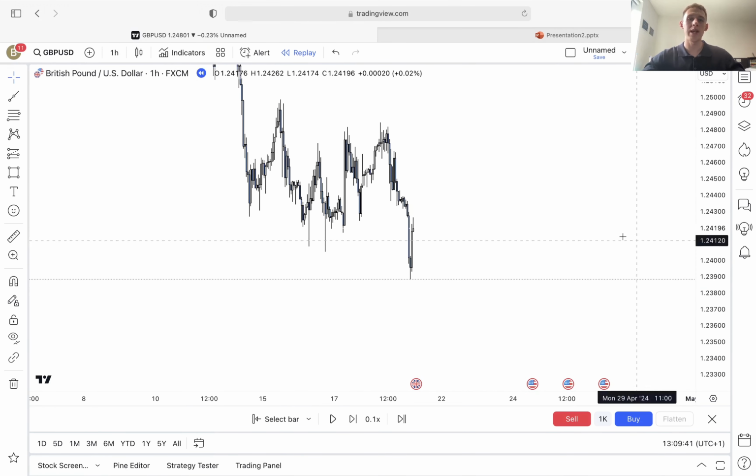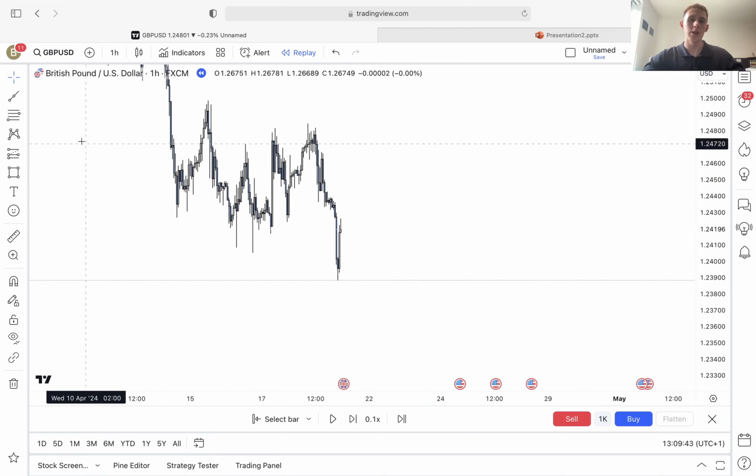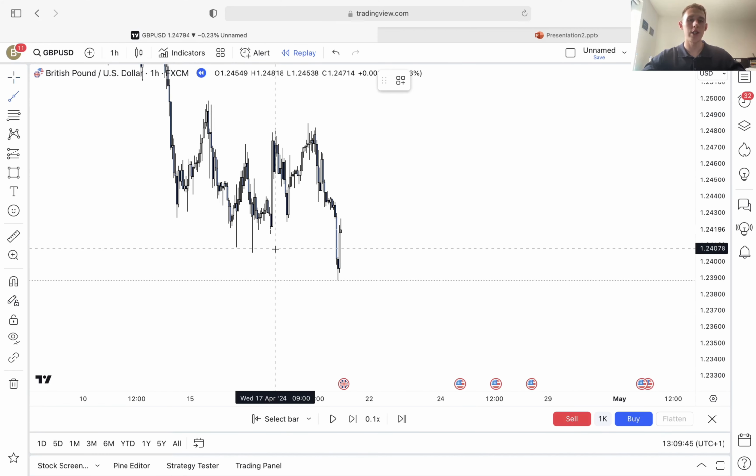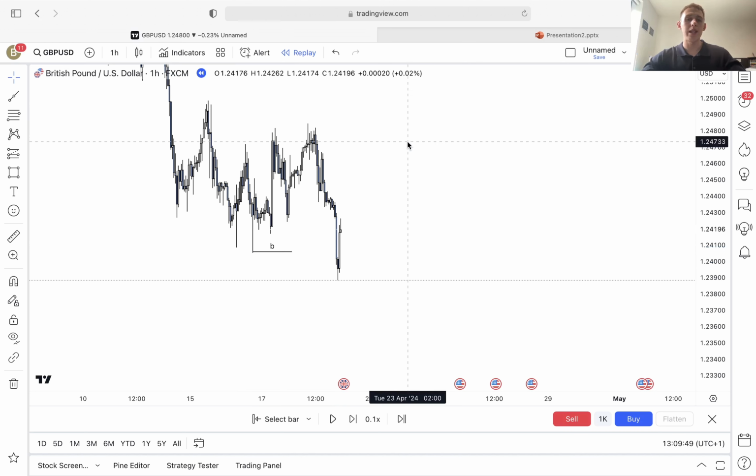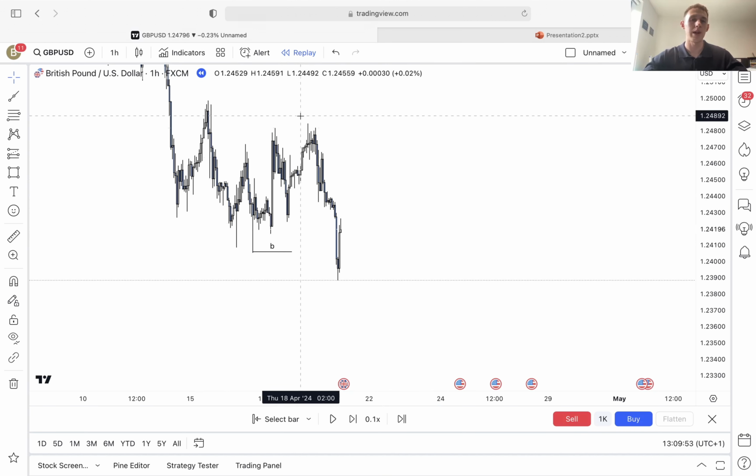Once again, we're identifying the structure. So in this case, the most recent break of structure was just here. This means that now we identify the current range that we're looking for some sells, since price is bearish. And the current range is clearly between the high and the low. So within this range just here, we are looking for an area of supply to sell from.